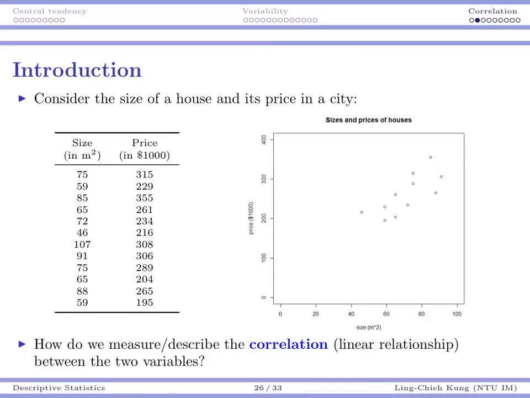Or we can say when two sets of variables have high correlation, then they can be better described with a linear equation. When one goes up, the other also goes up in a linear manner. If that's the case, then they have high correlation.